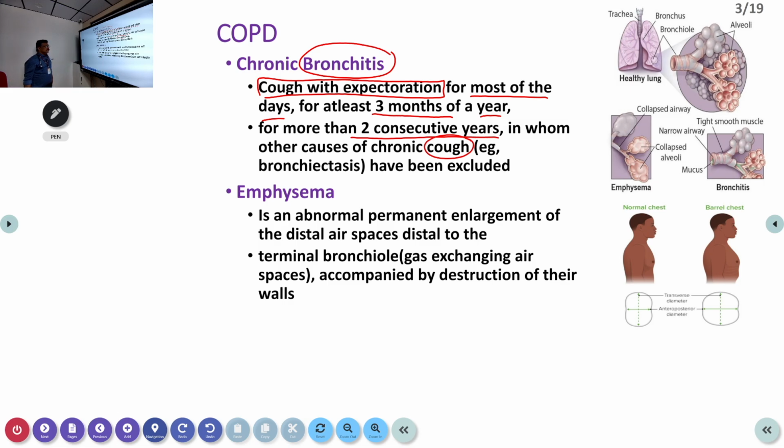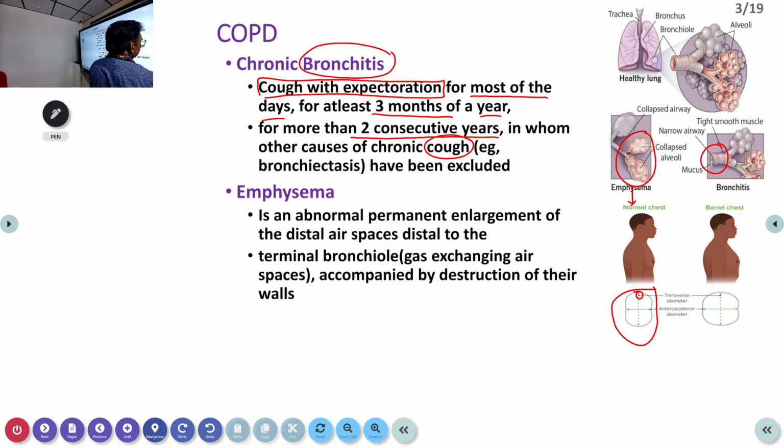Whereas emphysema is abnormal and permanent dilatation and enlargement of the distal air spaces, distal to the terminal bronchiole. Here there is destruction and enlargement of the bronchiole. In emphysema, the most important clinical finding on examination is in the chest. Normally there is an AP diameter and a transverse diameter.